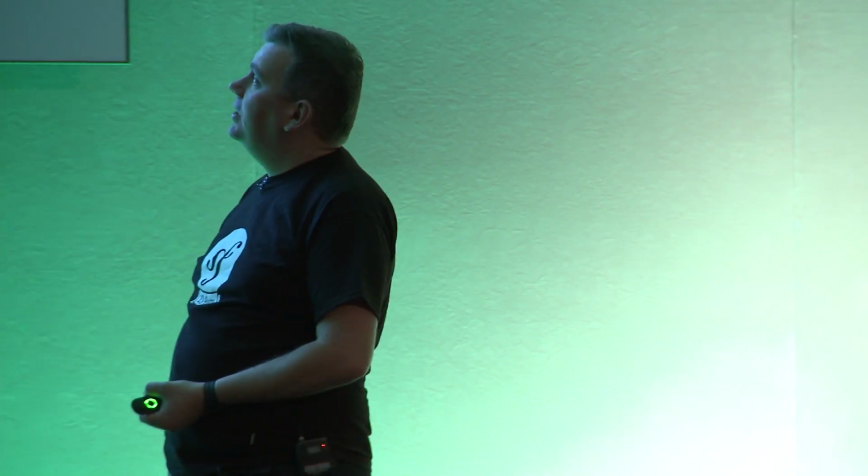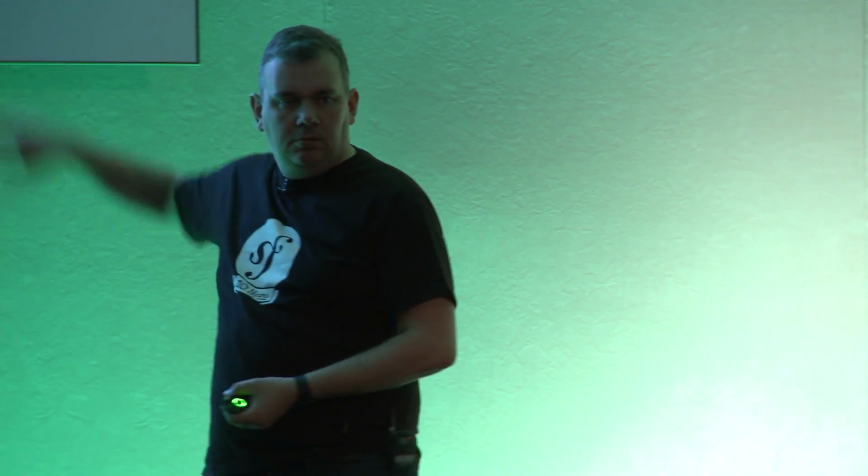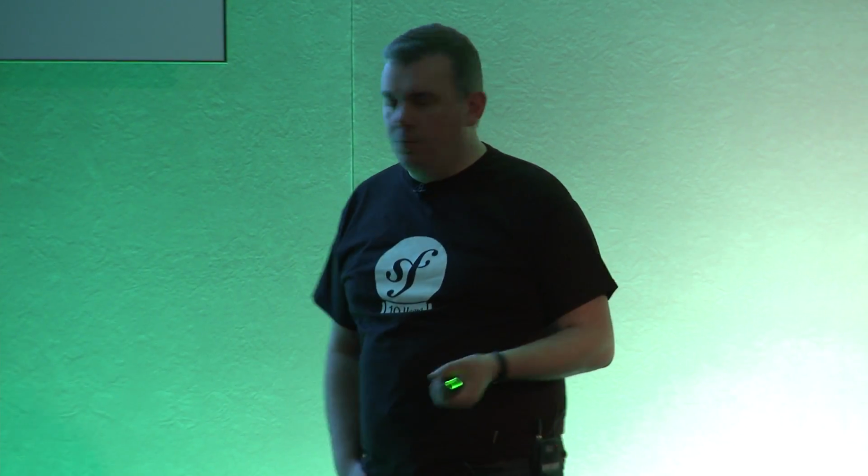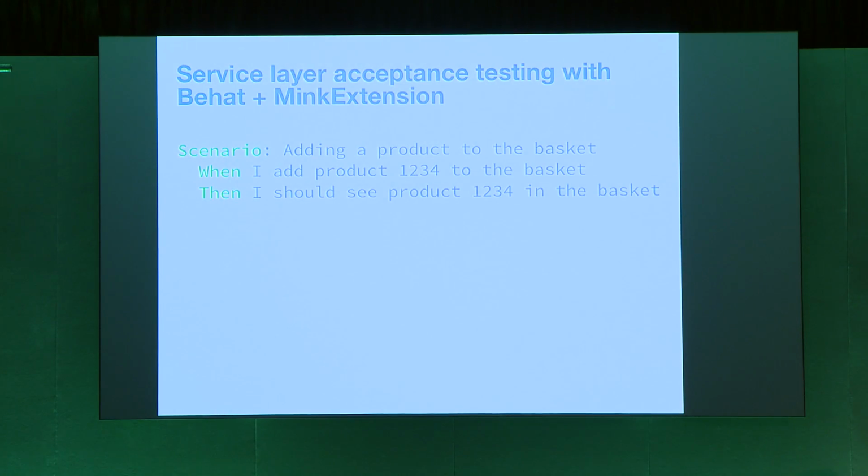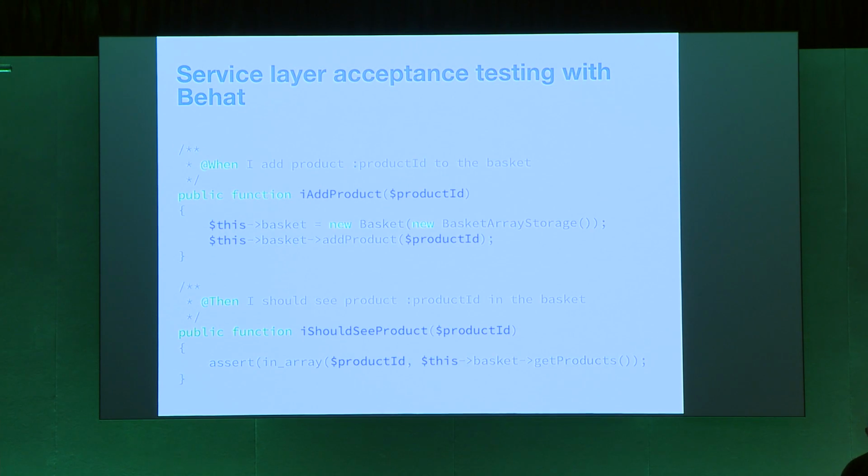So in PHPUnit, then I can directly instantiate the basket with whatever dependencies that object has, and I can directly test it. I'd still try and match the language used, the test adding product to the basket. I'd still try and match the business language that was used in the conversation I had with the customer. More interestingly, with Behat, you use the exact same expression of the business language in this Gherkin file, and you just write a different mapping from that same language to direct service tests.